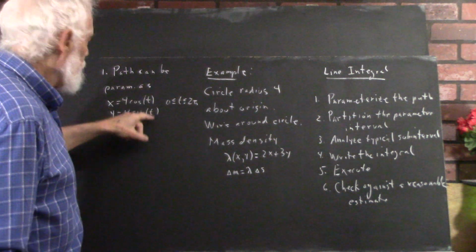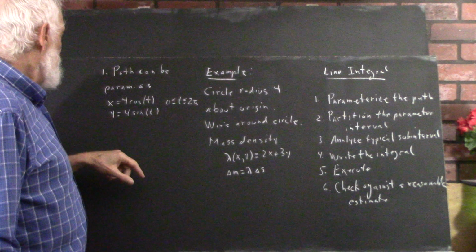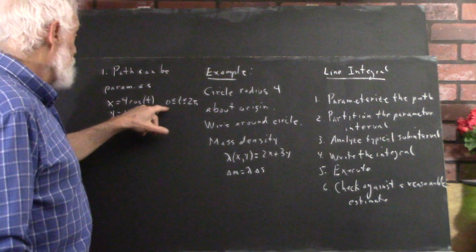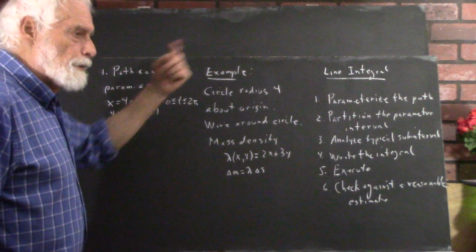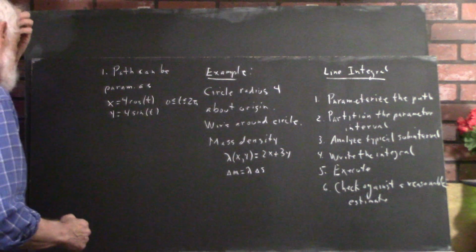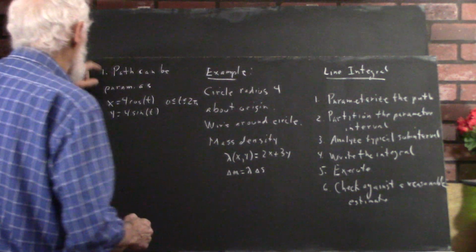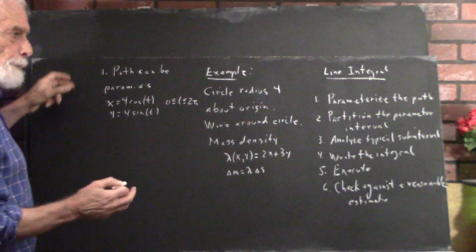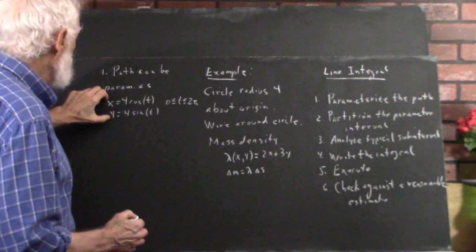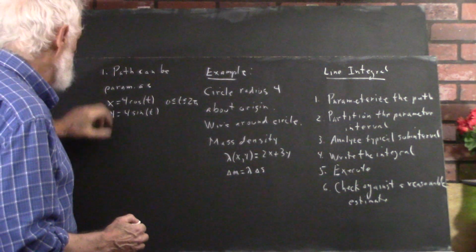I could use any parameter in here, as long as I use the same one here and here, with an appropriate interval that includes one complete circle. But this is the simplest, so this is the one I'm going to use right now. And you've seen much tougher parameterizations when we talked about motion and so forth. So that's not particularly difficult.